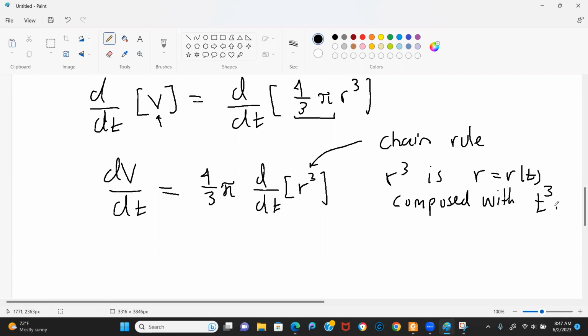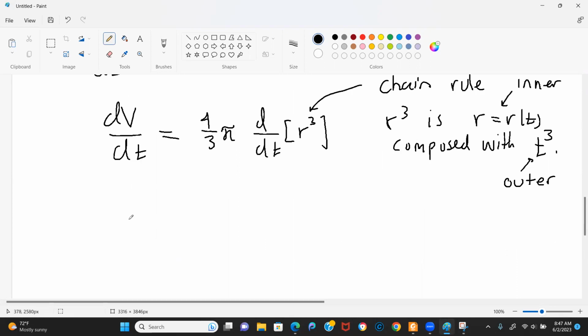So we have a composition of two functions. This is the inner function, and this would be the outer function, or the outer piece. All right, so now we just do chain rule.